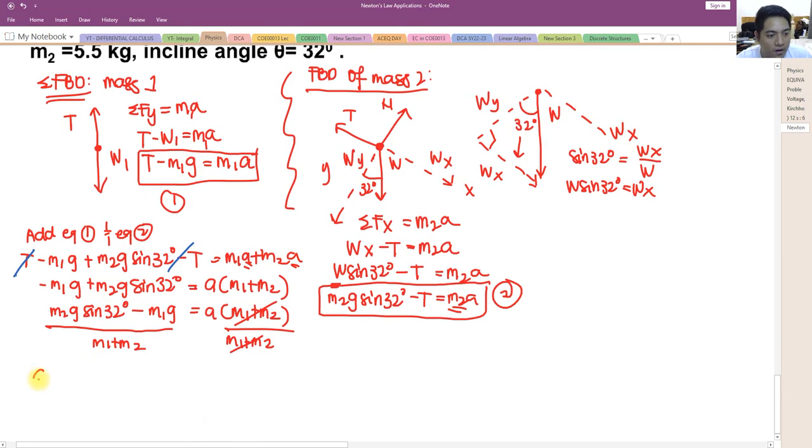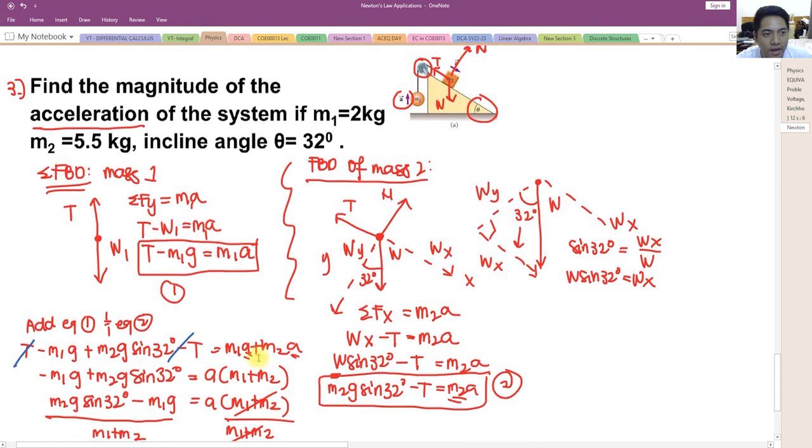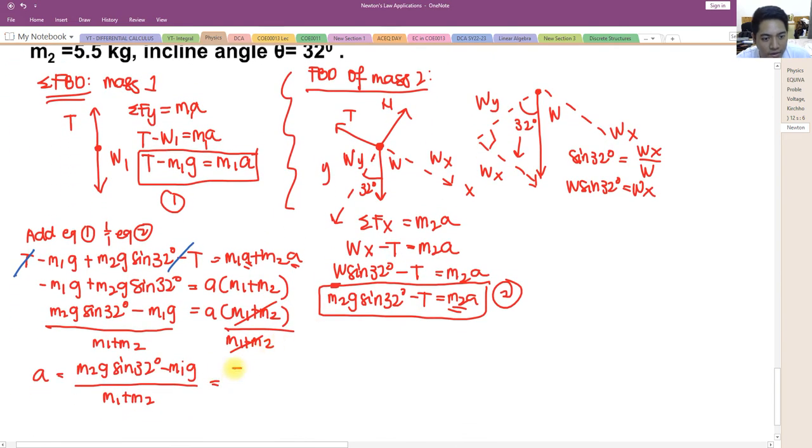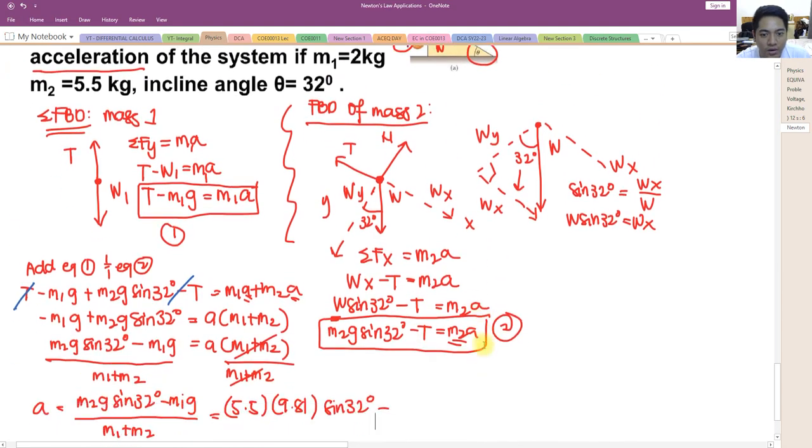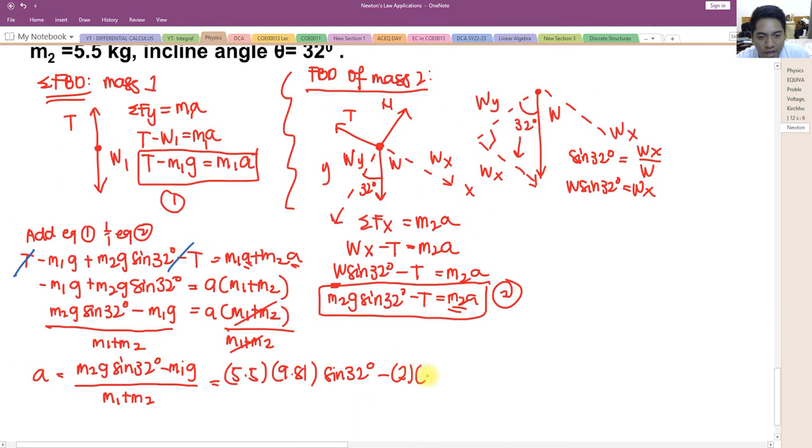So now we can freely get the acceleration by M2G sine 32 degrees minus M1G all over M1 plus M2. So we already have the given. We have M2, 5.5. So we have 5.5 times 9.81 sine 32 degrees minus M1, which is 2 kilograms, times 9.81, all over M1 plus M2.